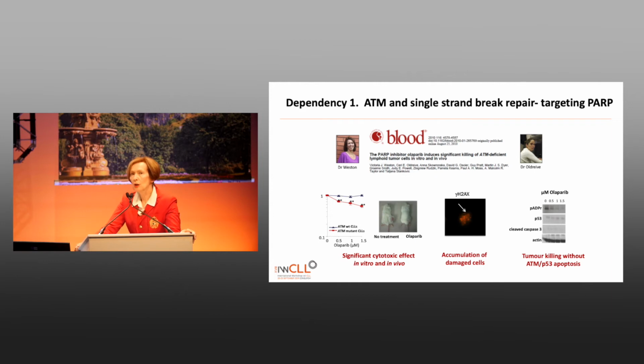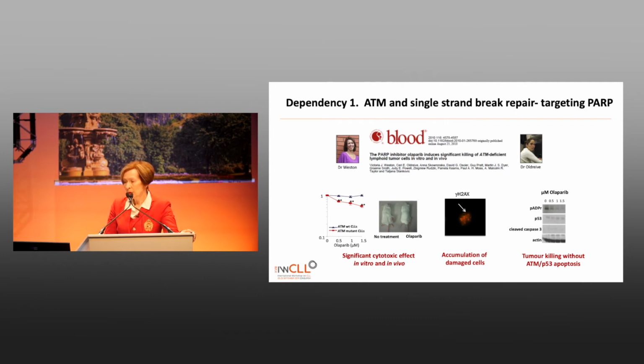Upon its pharmacological inhibition, a cell converts these breaks during replication to double-strand breaks, and there is an increased requirement for ATM function. So therefore, in ATM deficient CLL cells, we see tumor-specific killing, and we also see a very impressive response in vivo in xenograft models, where olaparib leads to complete elimination of tumors.